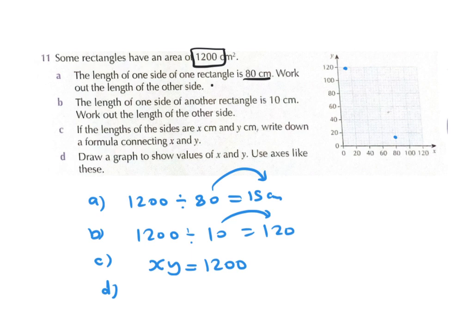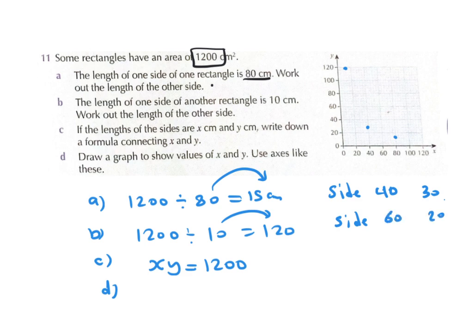We need more points. For example, if one side is 40, can you find the other one? 30. 1,200 divided by 40 equals 30. So 40 and 30. If one side is 60, can you find the other side? 20.